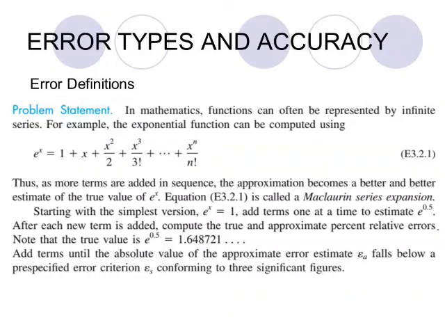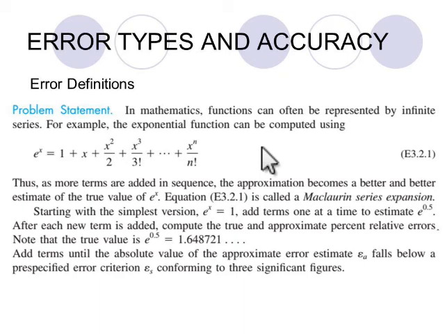Okay, sorry. Now let's see how it happens. Here we see the Taylor series approximation of an exponential function e to the power x, and the Taylor series approximation is 1 plus x plus x squared divided by 2 plus x cubed divided by 3 factorial plus, and it goes like this, and the nth term is x to the power n divided by n factorial.